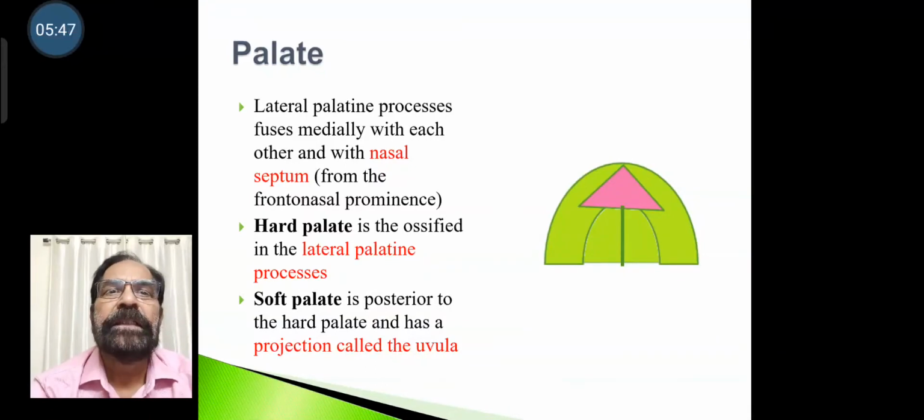Hard palate is ossified in the lateral palatine processes. Soft palate is posterior to hard palate and has a projection in the midline called uvula.